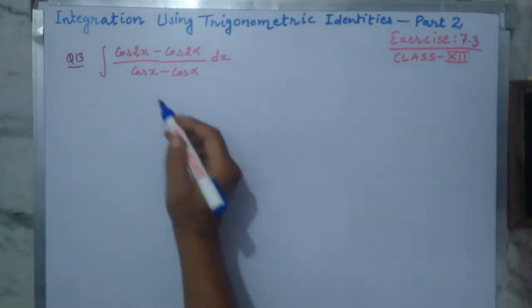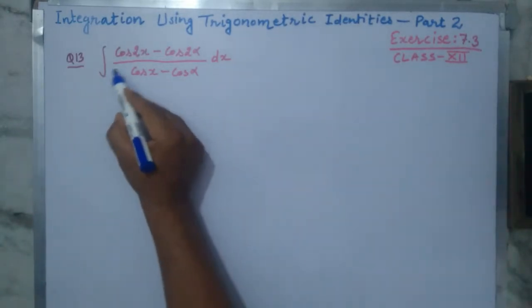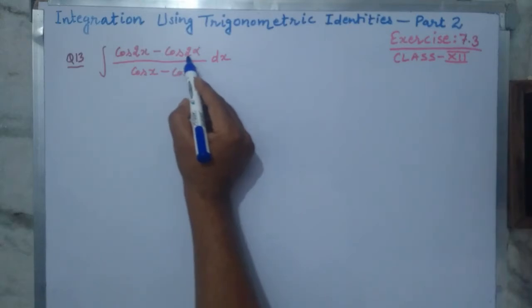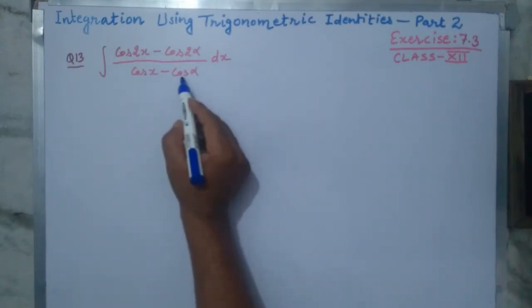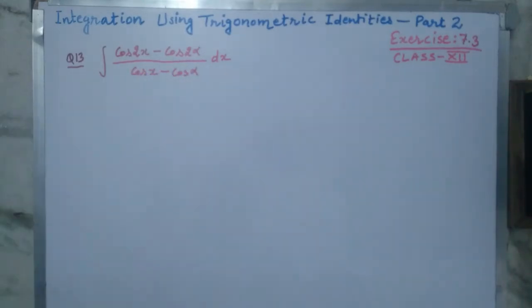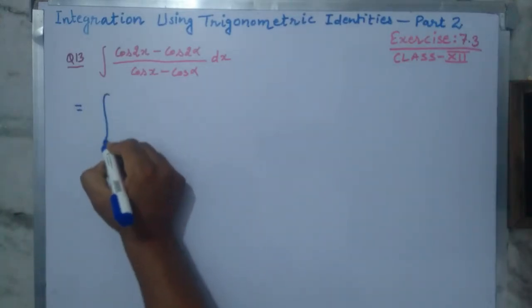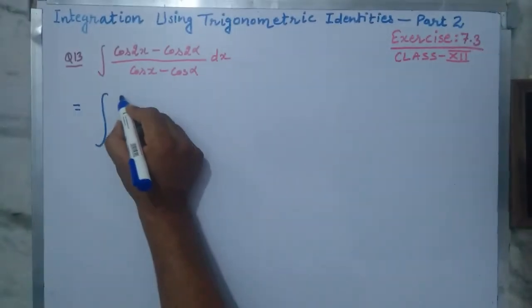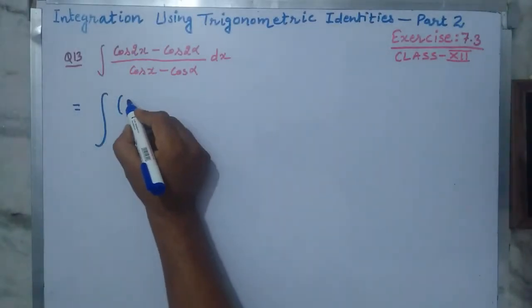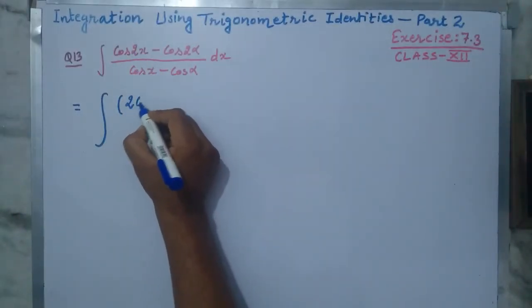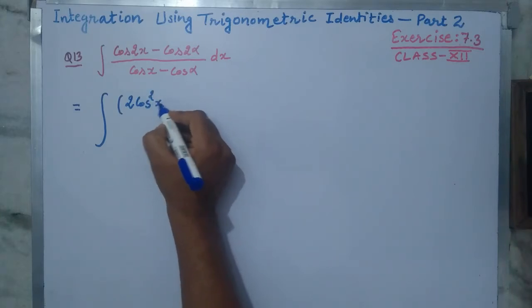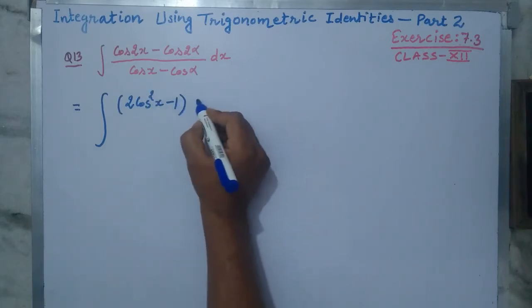Question number 13, we have integration of (cos 2x minus cos 2 alpha) whole divided by (cos x minus cos alpha) into dx. So first of all, what is the meaning of cos 2x? We can write this as 2 cos square x minus 1.